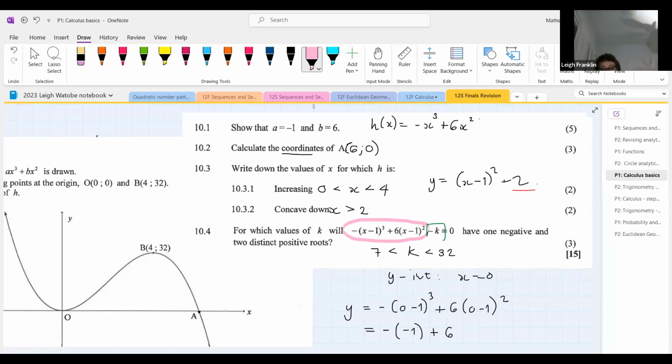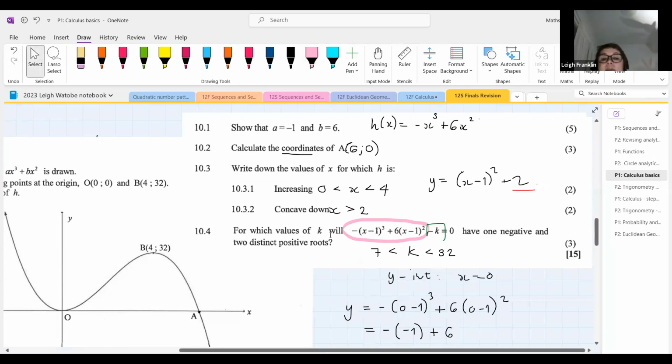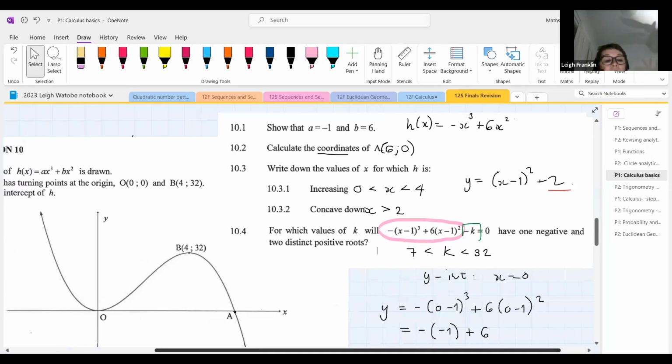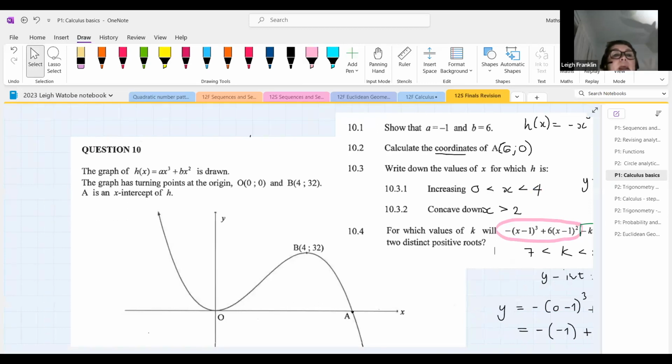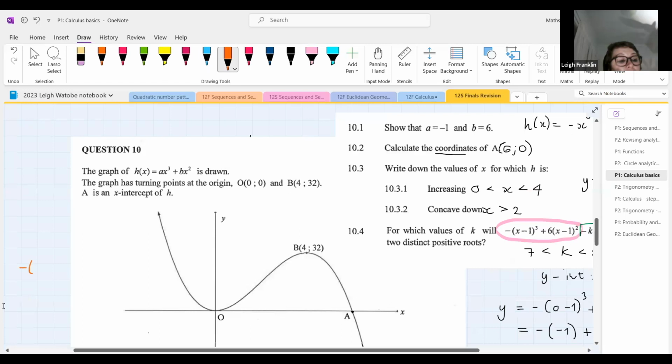Does that make sense to everybody? Because we've got x minus 1 inside brackets. If we take the minus k over to the other side, we would end up with negative x minus 1 cubed plus 6x minus 1. And if we take the k over to the other side, it's going to be equal to positive k.